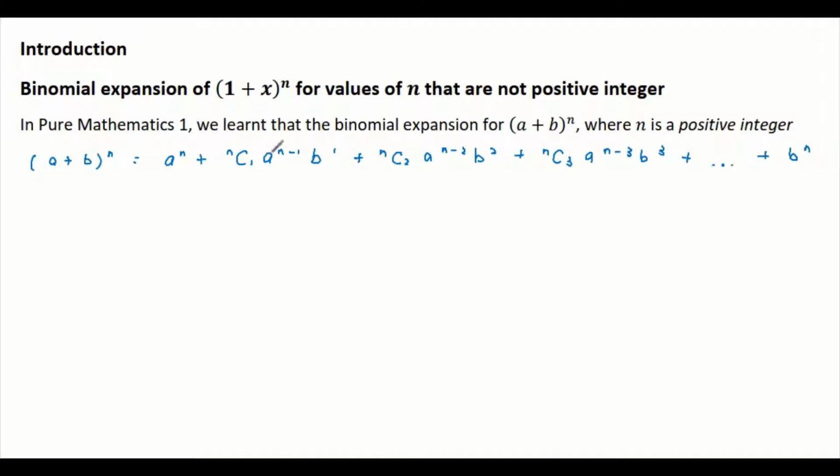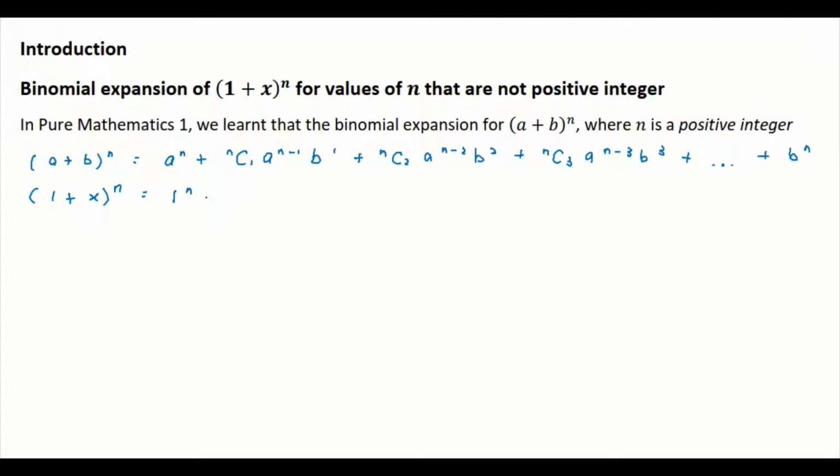This is what we have learned previously. Same thing, can we try to do it from (a+b)^n? Let's change it to 1 plus x because that is what we want today. You are just substituting a to 1 and b to x.